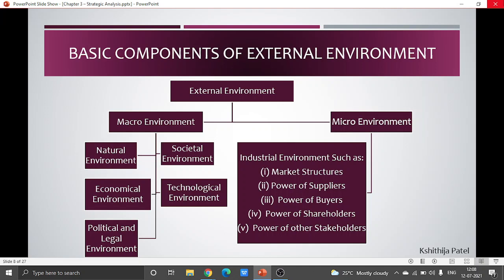Now humans are consuming natural resources at a rate which is far more than the regeneration rate. Now if the regeneration rate and the consuming rate were the same, then there would have been no such huge problem.